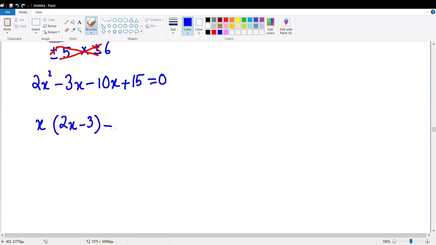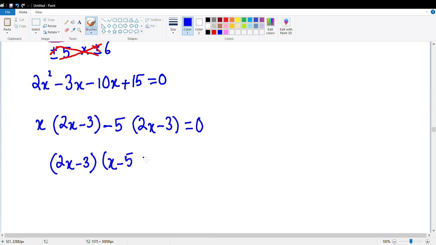From the second 2 terms, both are multiples of 5, so we can take minus 5 common, and we get 2x minus 3. Now equals 0. We'll take 2x minus 3 common because it's repeating, and then we have x minus 5, so 2x minus 3 into x minus 5 equals 0.